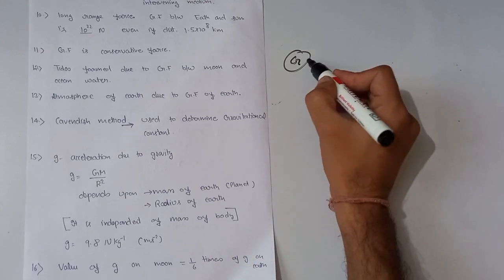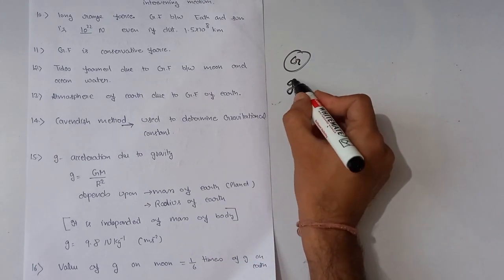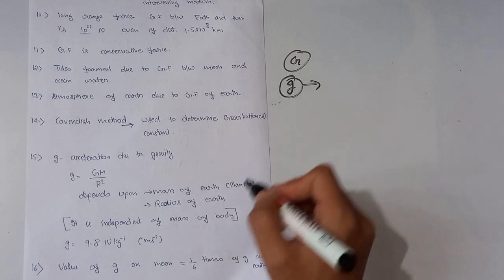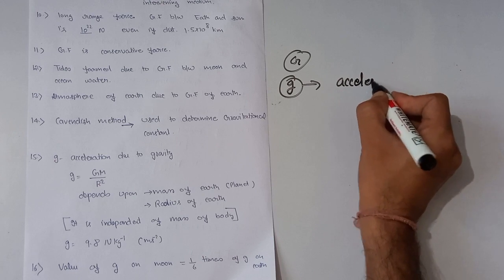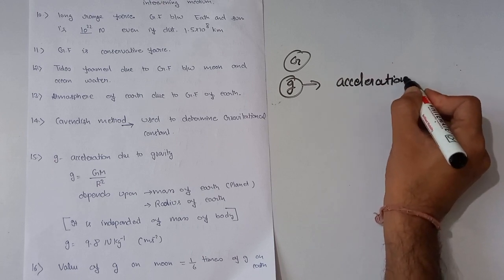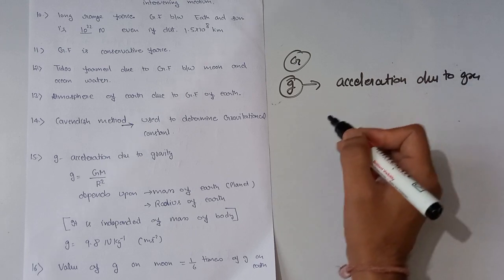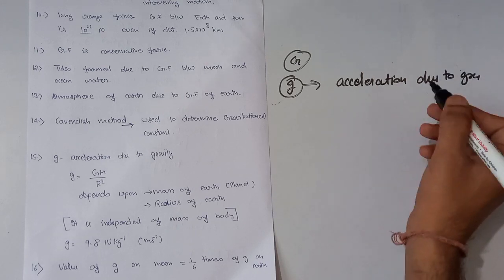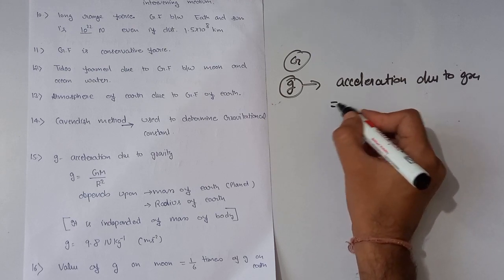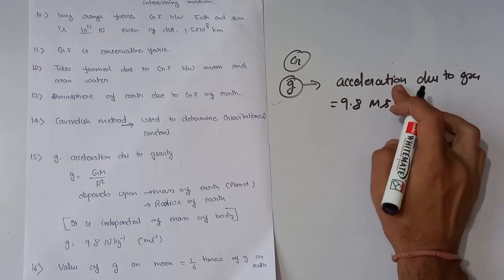Now this is capital G, the gravitational constant. Now we discuss small g. What does this g imply? This small g is acceleration due to gravity, and its value is equal to 9.8 meter per second square.